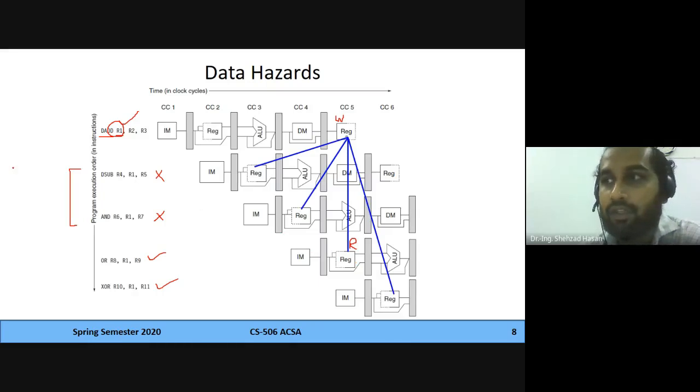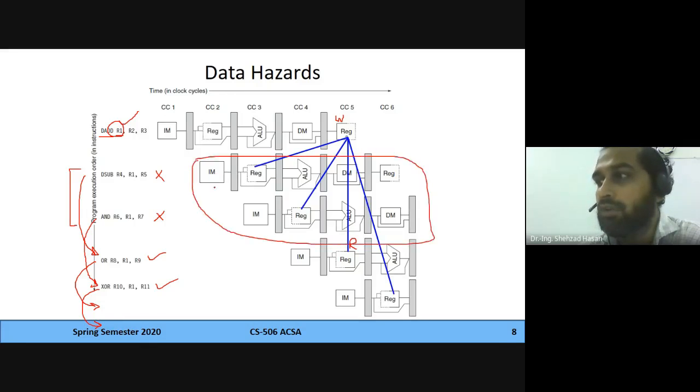So if you need to execute subtract right after add, then subtract should start from this position, OR should start later on, and XOR even later, right? This means that nothing is going to happen in these two cycles. This means we have wasted two cycles.